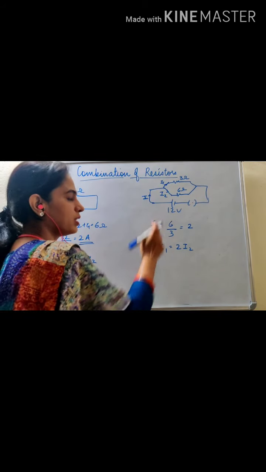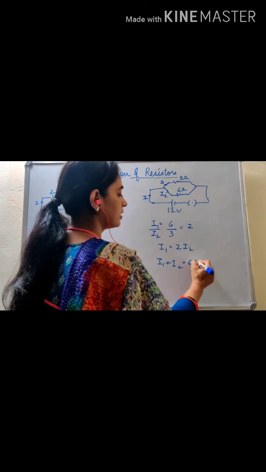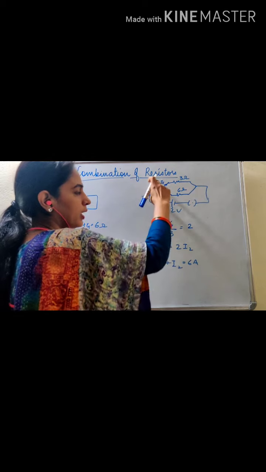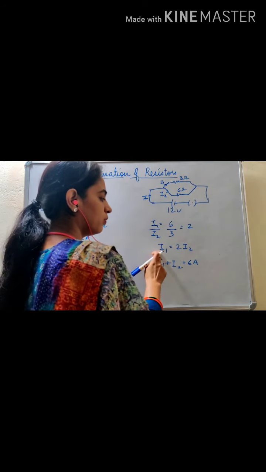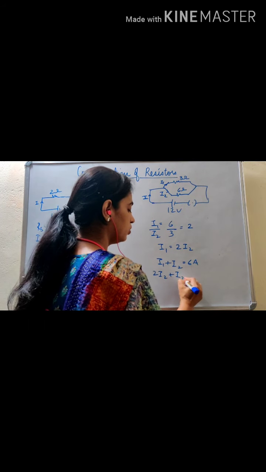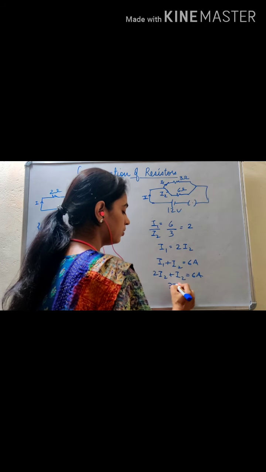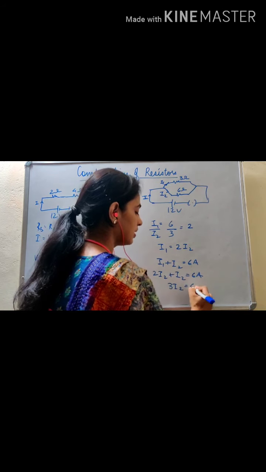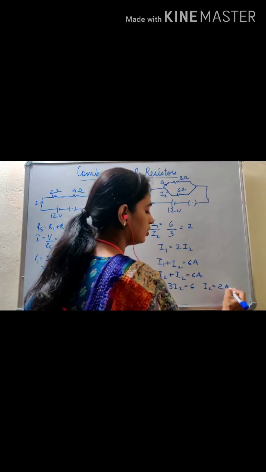Right, we got one equation, and we know that I1 plus I2 is equal to 6 ampere because the total current is 6. So writing I1 is equal to 2I2, plus I2 is equal to 6 ampere. So that is 2I2 plus I2, 3I2 is equal to 6. That means I2 is equal to 6 by 3, that is 2 ampere.